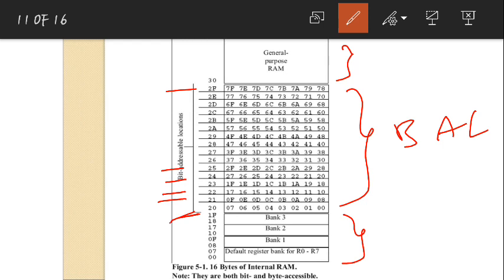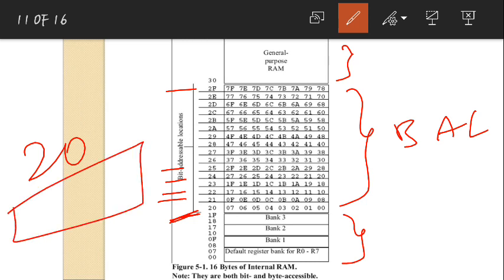That means in this 20 location, there are a total of 8 bits. That is one bit 0, 1. See here, 0, 1, 2, 3, a location for each bit, if you write it as 8 bit size. This is 00H location, then 01, then 02, 03, up to 07.